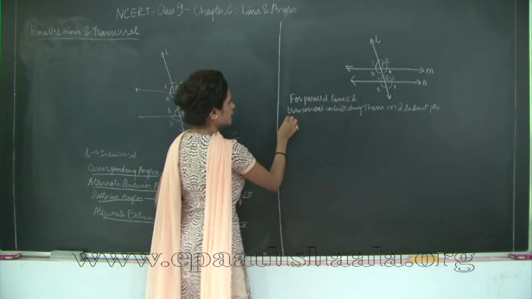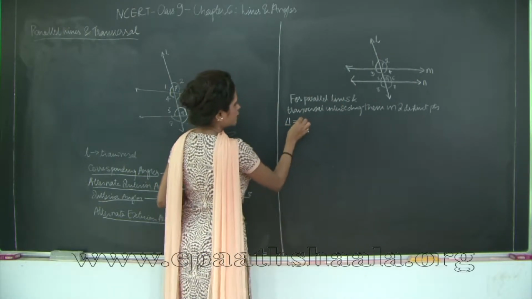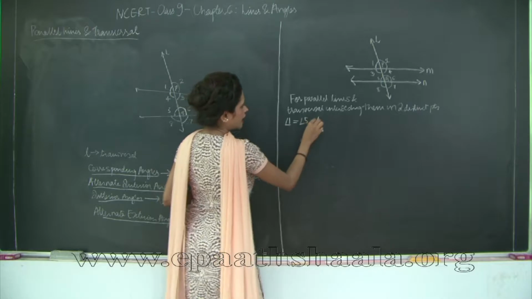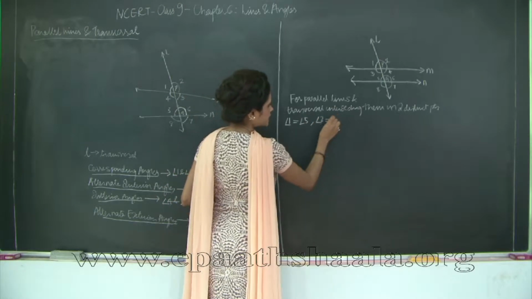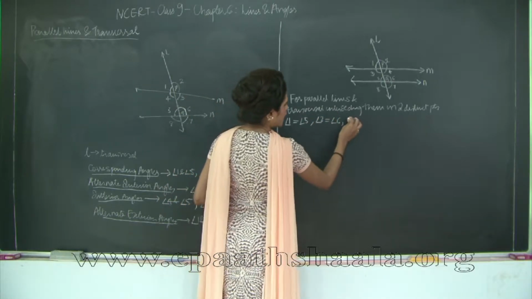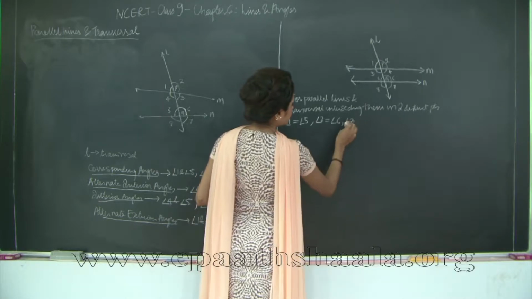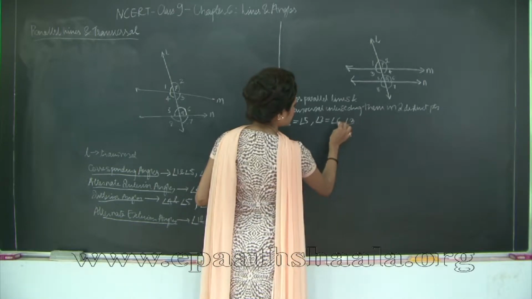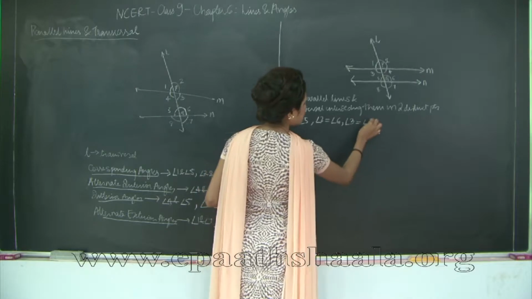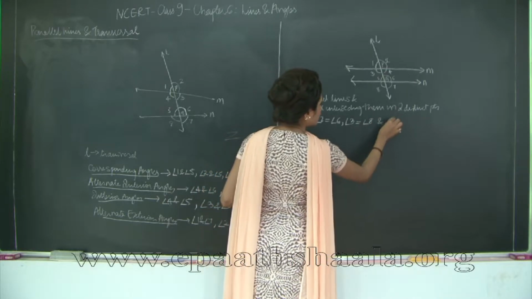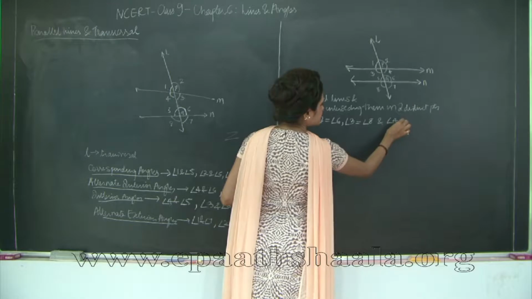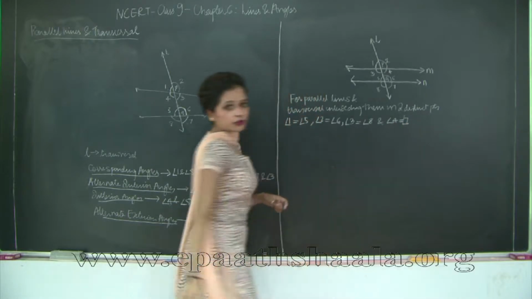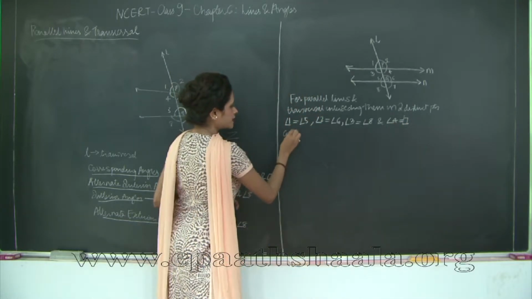Your observation will be that angle 1 is equal to angle 5, angle 2 is equal to angle 6, angle 3 is equal to angle 8, and angle 4 is equal to angle 7, which implies that the corresponding angles are equal.